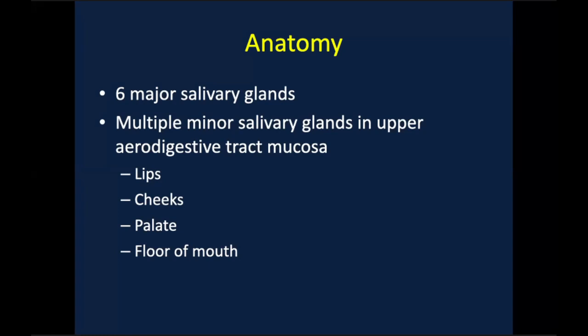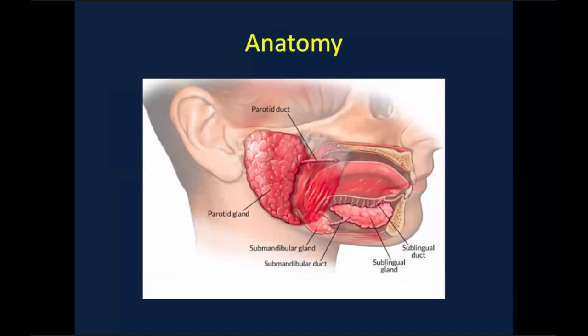As you can see in this diagram, the 3 major salivary glands on each side are the parotid gland, the submandibular gland, and the sublingual gland. So there are 3 pairs, altogether 6 major glands.